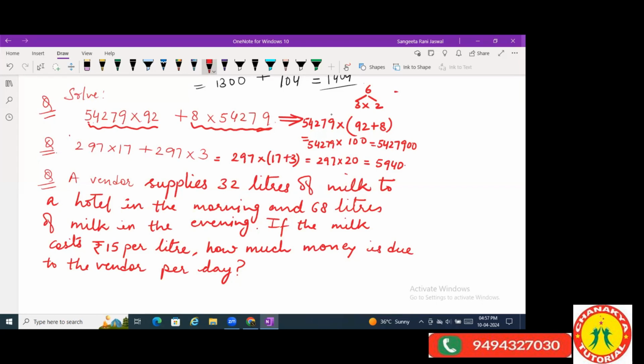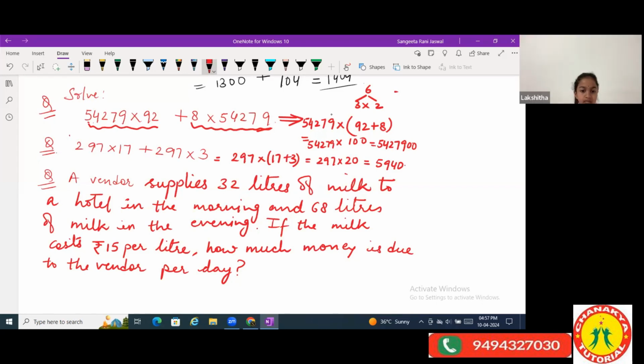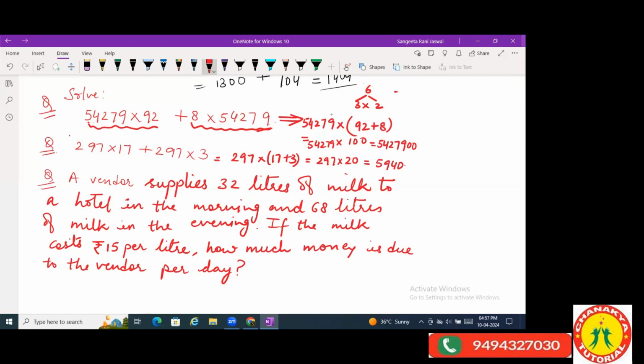Did you understand the question? Yes, ma'am. That means in the morning the vendor supplies 32 liters of milk to a hotel, and in the evening he supplies 68 liters. If 1 liter costs rupees 15, then how much money should the vendor get per day for the milk he's selling? So how will you find that out?